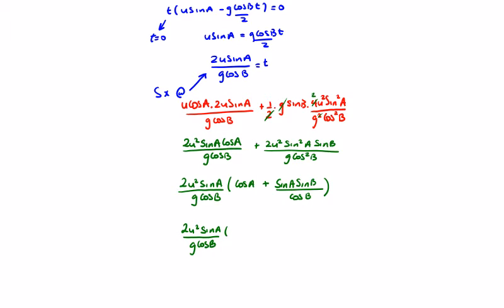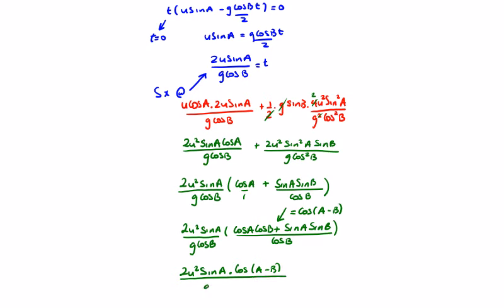Cross multiplying, it's going to be cos a cos b plus sin a sin b, all over cos b. So cos a cos b plus sin a sin b is equal to cos of a minus b. So I'm going to end up with 2u squared sin a times cos of a minus b, all over g cos squared b.